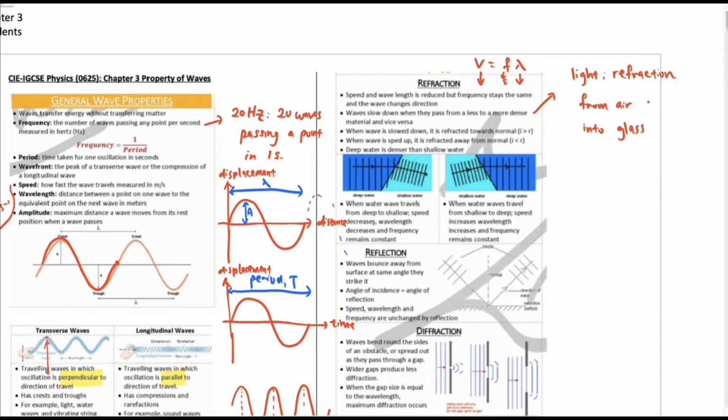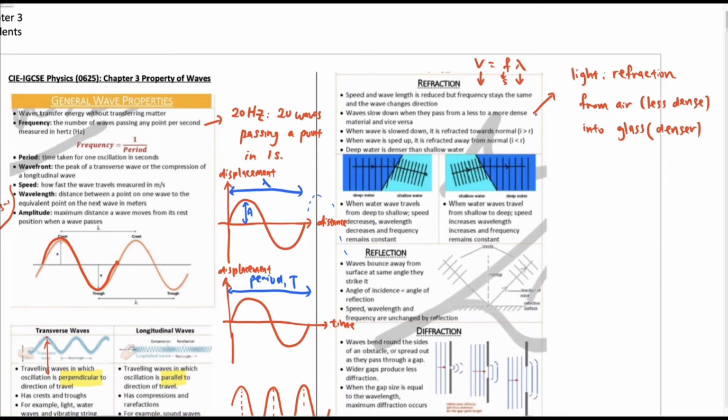So air is obviously less dense because this is air. Glass is obviously denser because this is solid. So this is denser. Okay. So that is one way to make refraction happen.